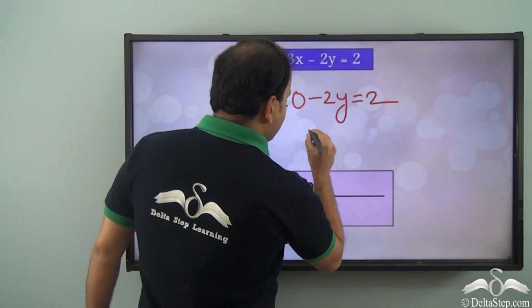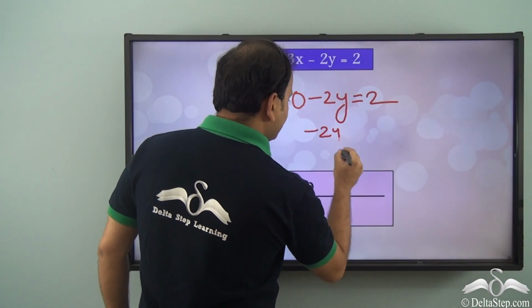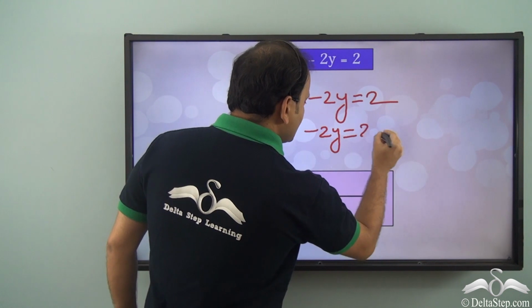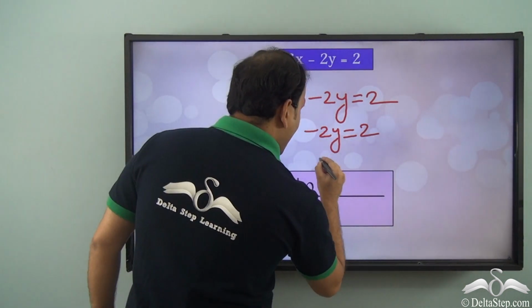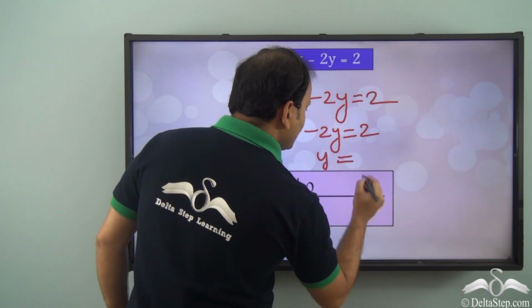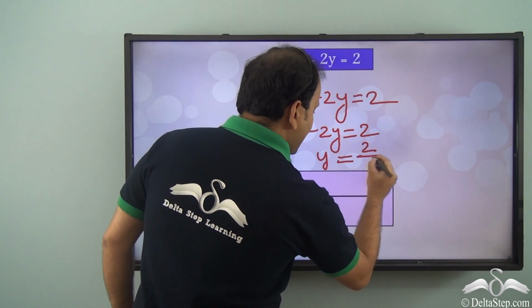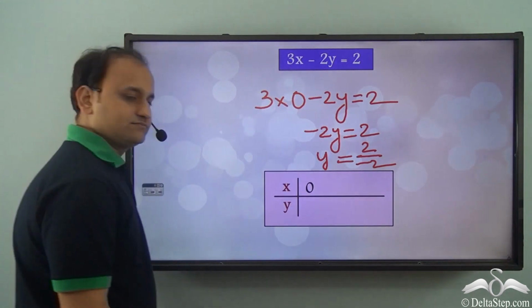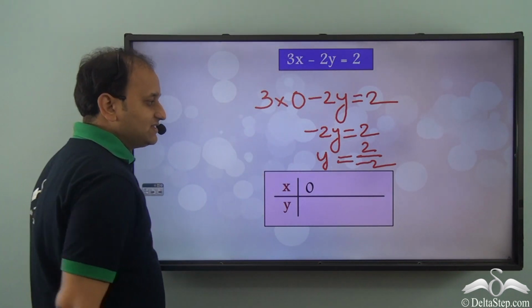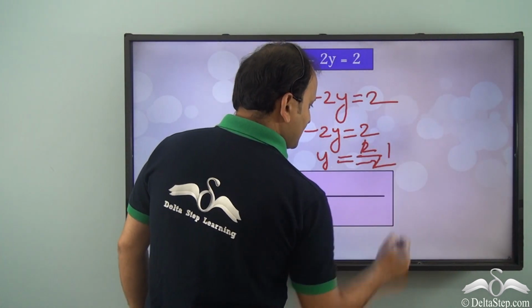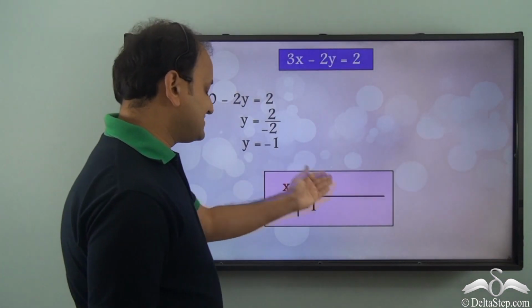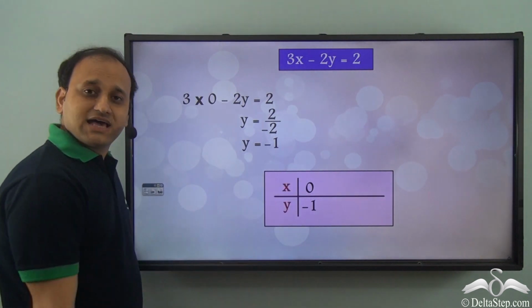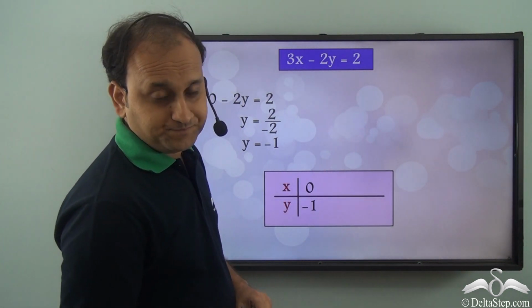So we'll have minus 2y is equal to 2, or we can say y is equal to 2 by minus 2. And what will this give us? Minus 1. So when we take x as 0, we get the value of y as minus 1.